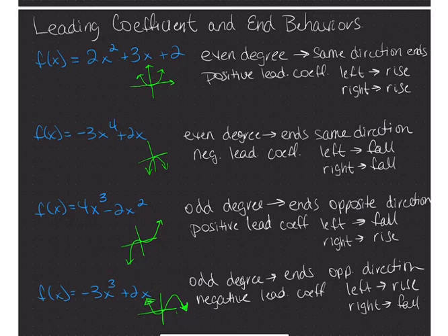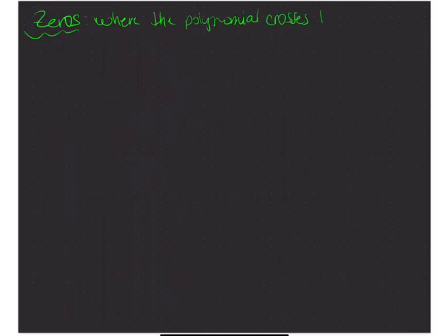All right, we're going to talk about one more thing called zeros, and what these mean when it comes to our graphs. Zeros tell us where they cross the x-intercept or the x-axis. So zeros are where the polynomial crosses the x-axis.